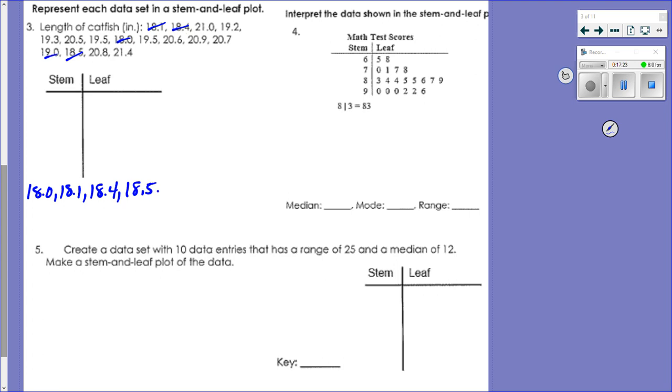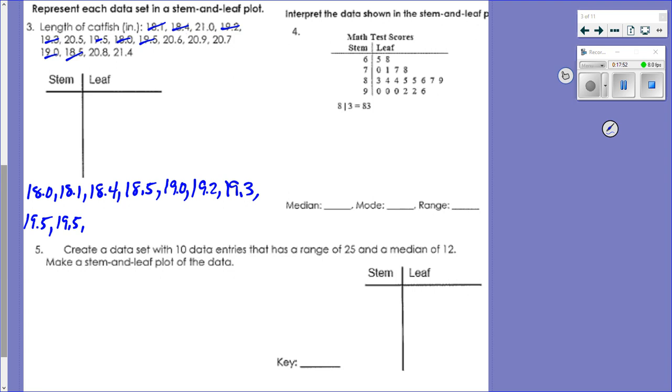I see a 19.0, 19.2, 19.3, 19.5, I have 2 of those. That's all the 19s.